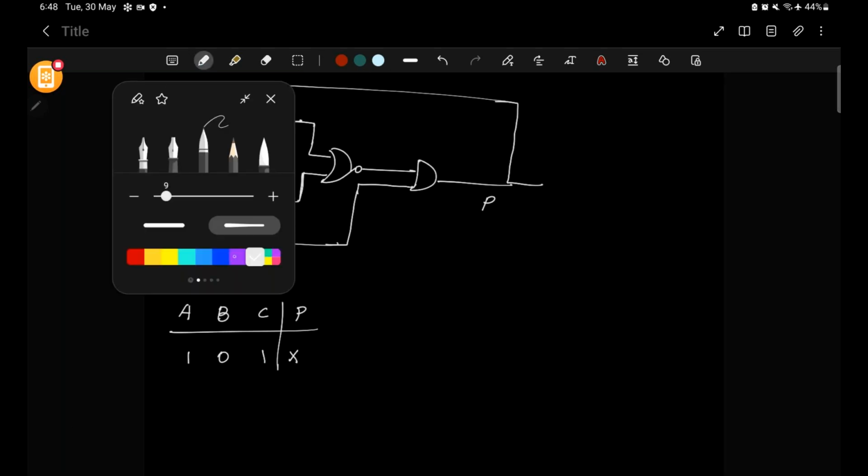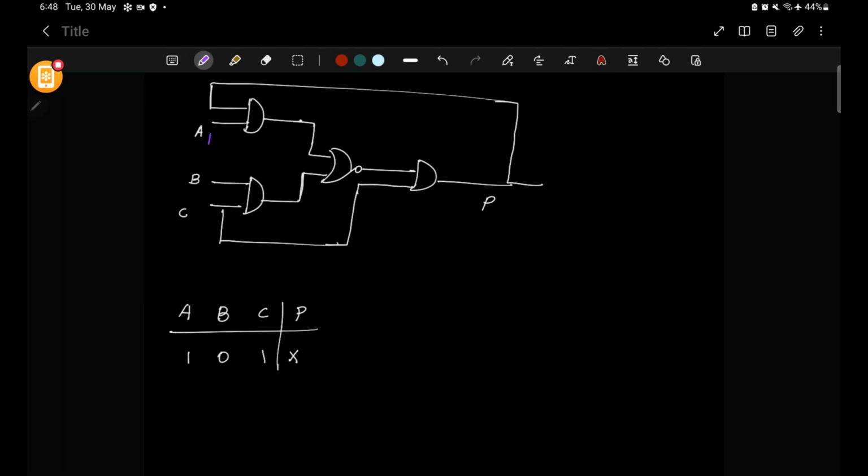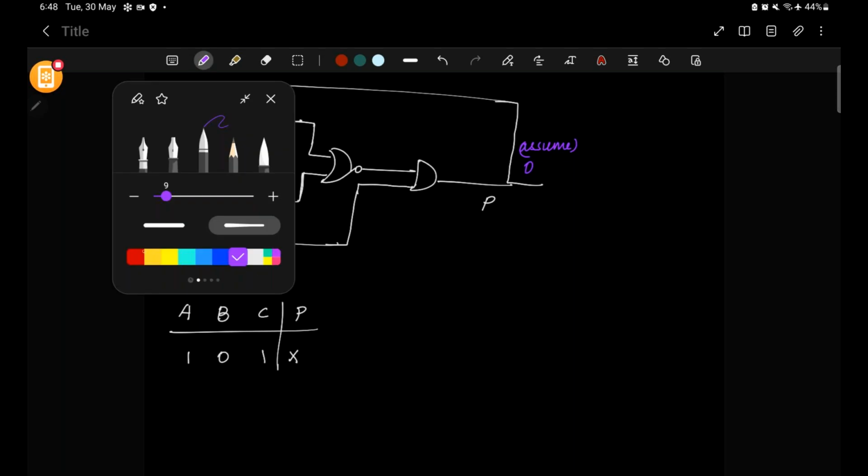You can explain with the help of an example like this. If it is 1, 0, 1, assume as a first assumption that P is 0. Now, what is happening?